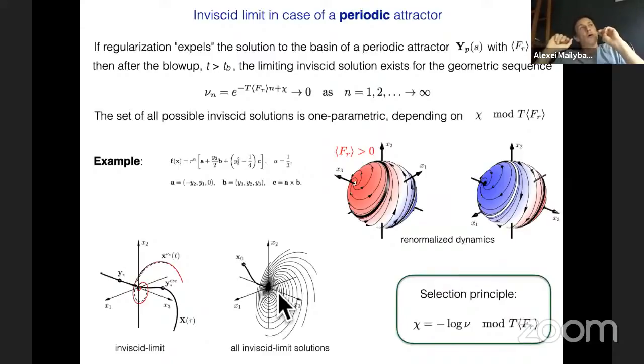You will go along one of the solutions from a family that you know, and the choice of the solution will depend on the value of the very small parameter that you put. There are deterministic solutions, and they depend on which infinitesimal nu you choose.